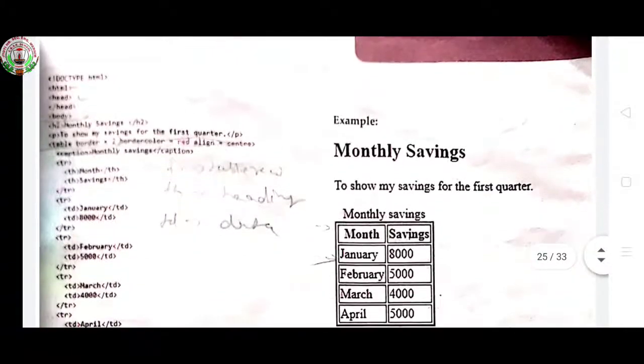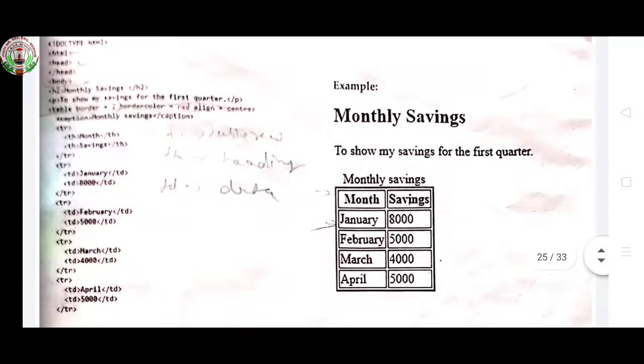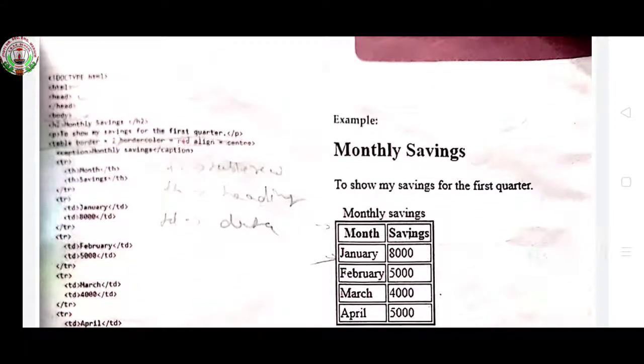Now let us see the example. First tag is HTML, next is head, close head, next body. Now H2 monthly saving and close H2, that is the heading style. Then a P tag to show my savings from the first quarter, close P tag.